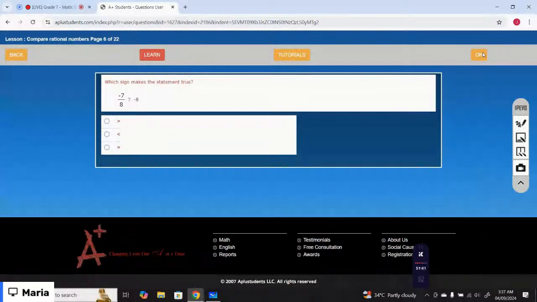Which sign makes the statement true? Negative 7 over 8, you have to compare it to negative 2. So the option.